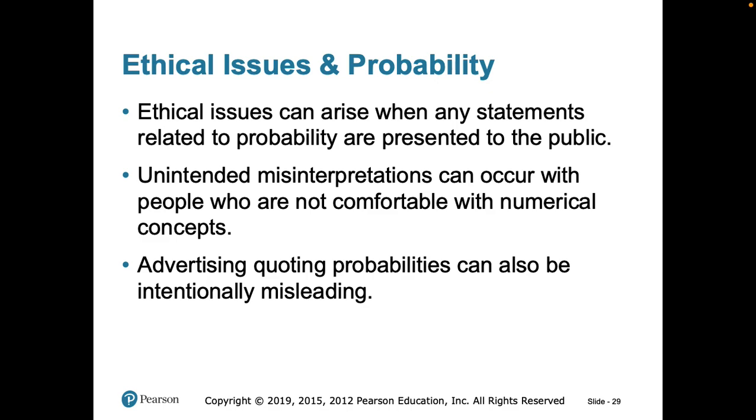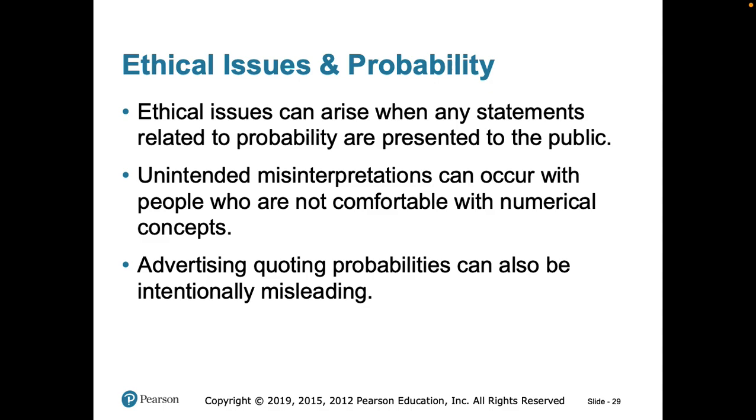One thing you need to keep in mind is the issue of ethics. Ethical issues can arise when any statement related to probability is presented to the public. You see that a lot. People manipulate data on purpose in order to deceive and mislead, saying, oh, this is 75% of this, or 60% of that. Also, unintended misinterpretations can occur when people who are not comfortable with numerical concepts just present that data.